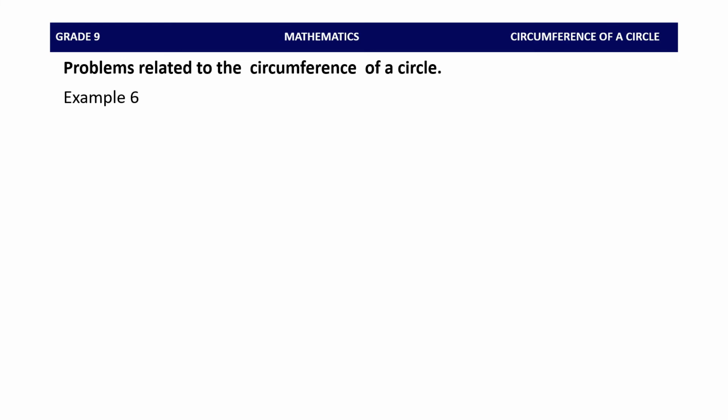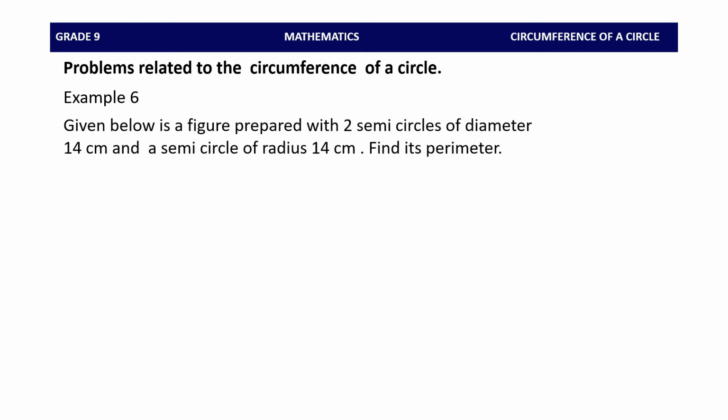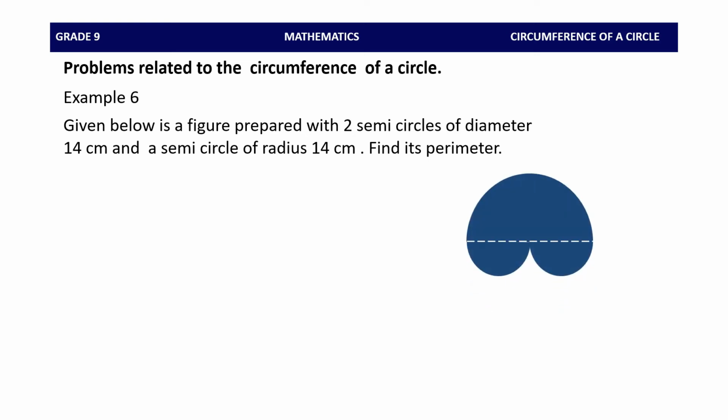Example 6. Given below is a figure prepared with two semicircles of diameter 14 centimeters and a semicircle of radius 14 centimeters. Find its perimeter. Here, one full circle can be prepared with two small semicircles.